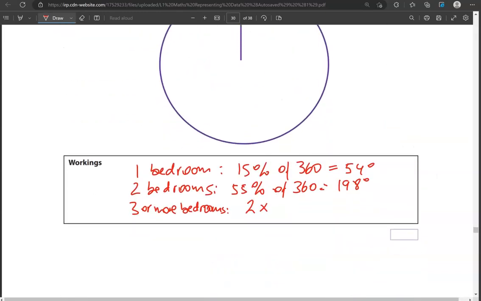So we'll do 2 times 54, which is 108 degrees.